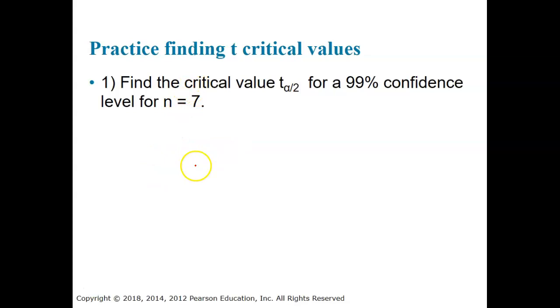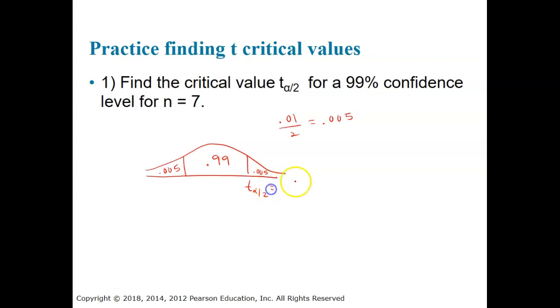Okay, for this one, when you draw this out, we want to put 99% in the middle. So that leaves me with 1% that I'm going to split between the two tails. Okay, so when I go to set this up, I'm finding a t, so I'm going to do inverse t.